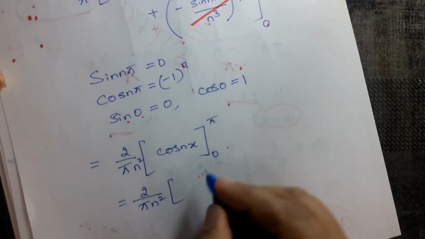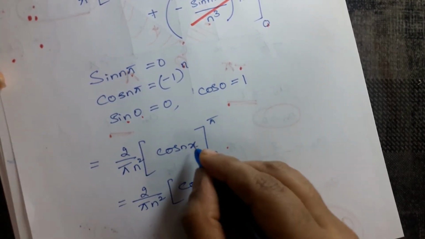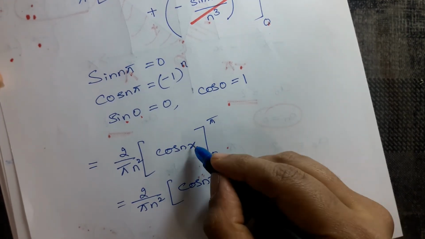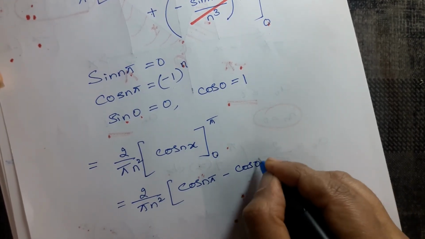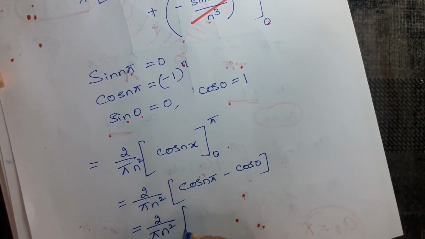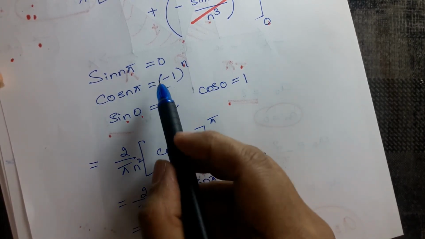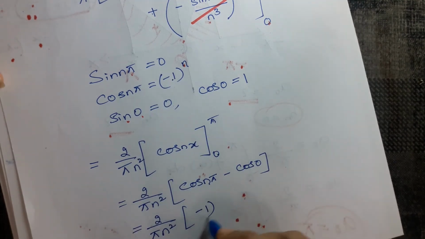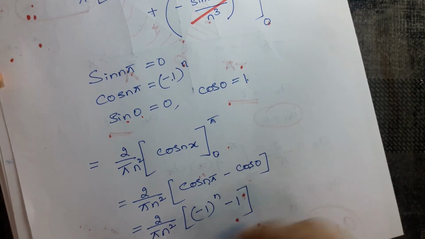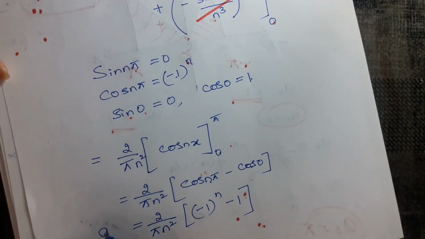Upper limit is pi, so cos nx with x equal to pi. Minus here, lower limit x is equal to 0, so cos 0 I will get. So 2 by pi n square. What is the value of cos n pi? As I told you just now, it is minus 1 to the power of n. Cos 0 is 1. So this is what an you will get.